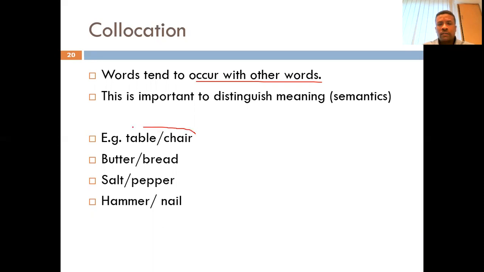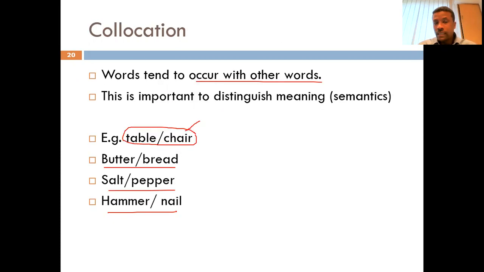For instance, in a sentence, if you find the word table and chair somewhere close to one another, then you can say that the word chair is referring to the furniture and not that of a head of a department. Butter and bread, salt and pepper, hammer and nail, all these words, they tend to occur together if you are referring to one contextual meaning.